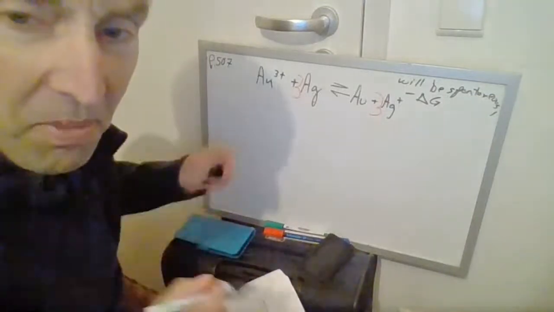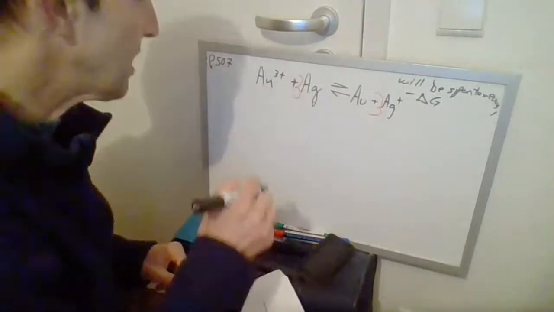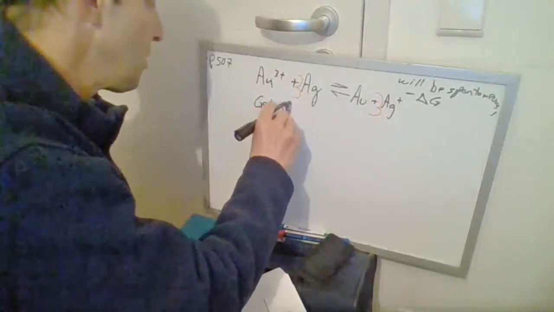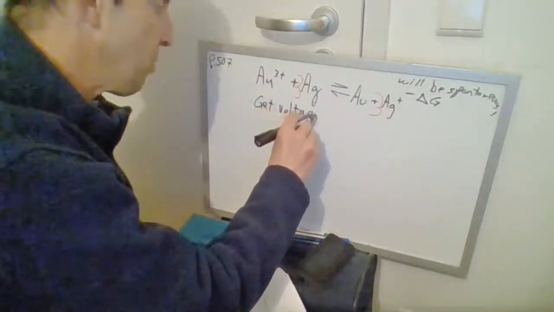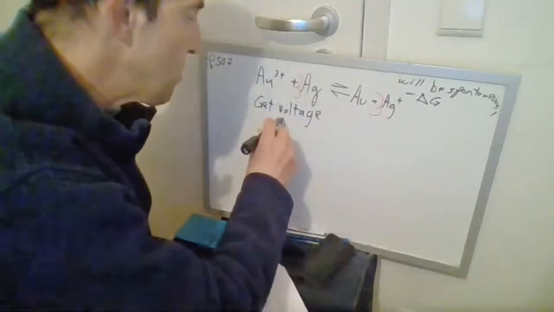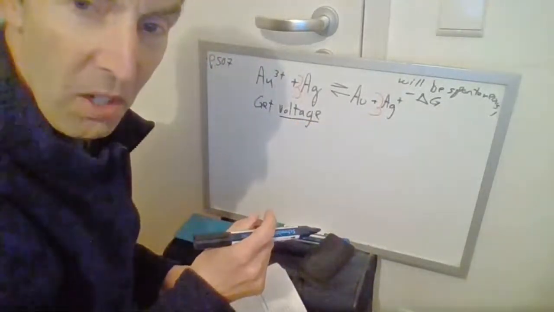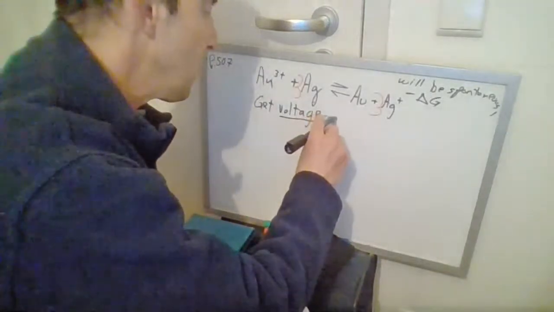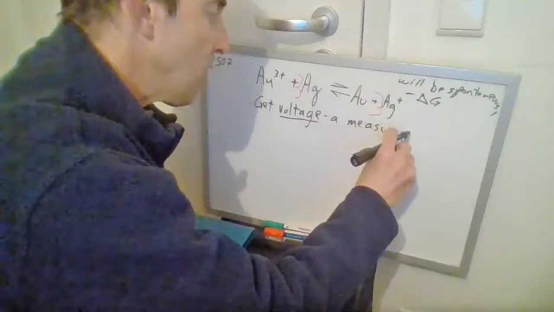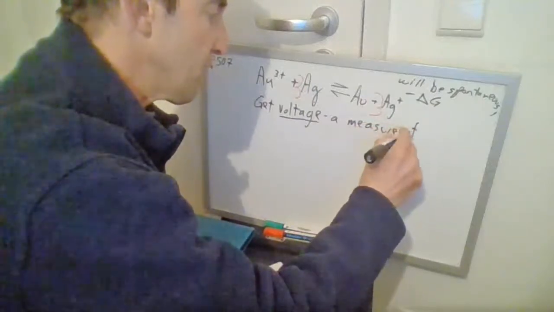All right, let's do something new for this reaction. Let's get the voltage. You might add voltage in physics. Voltage is a measure of the drop in energy of the electrons. I'm sure we'll define it differently, but that's how I think.